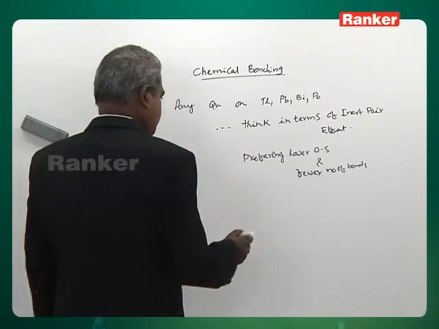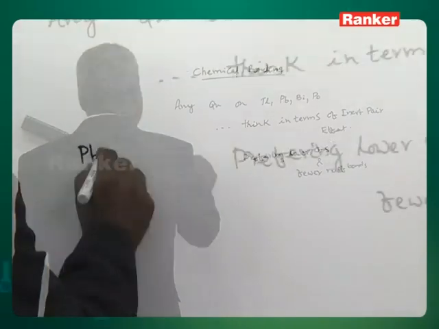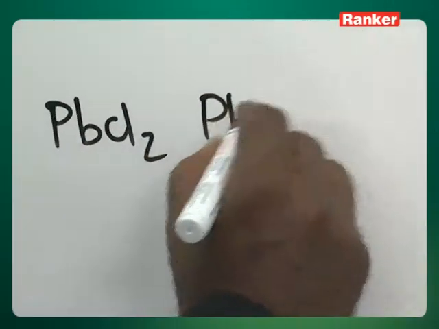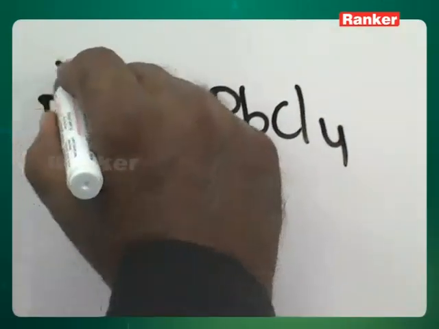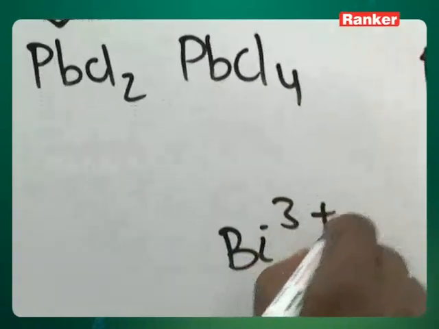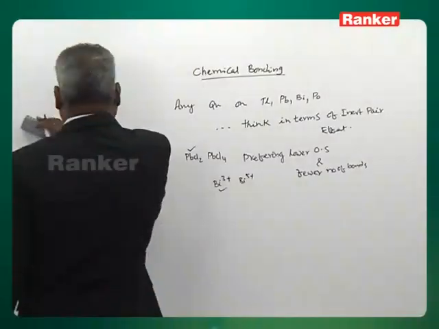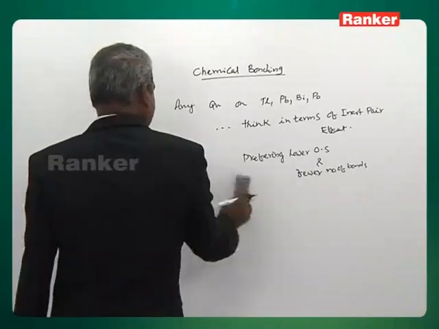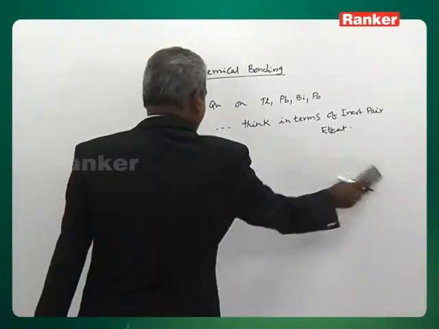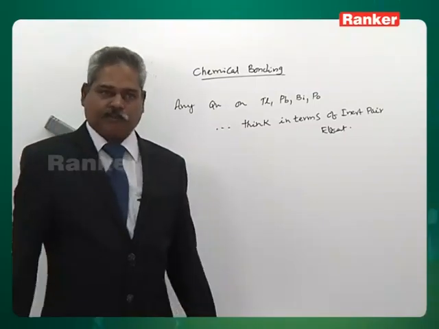Between PbCl2 and PbCl4, lead prefers PbCl2. Between Bi3+ and Bi5+, the lower oxidation state is preferred by bismuth. Thallium, lead, bismuth, polonium, they all prefer lower oxidation states and fewer number of bonds.